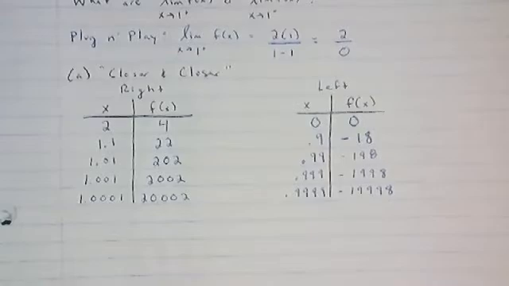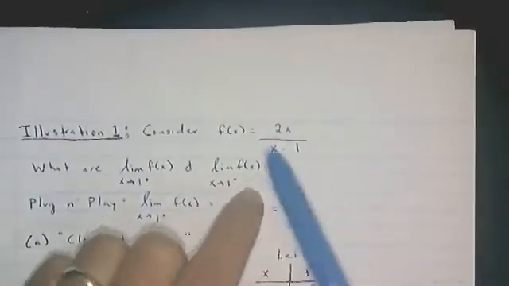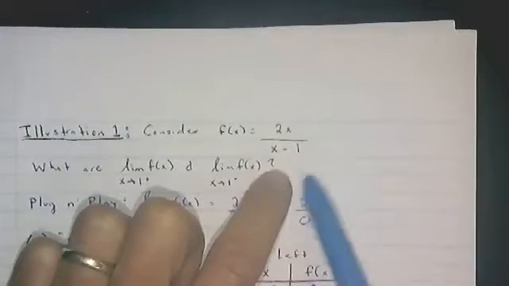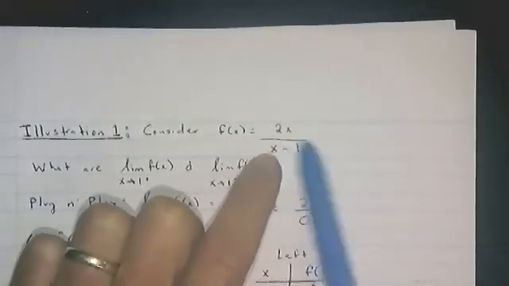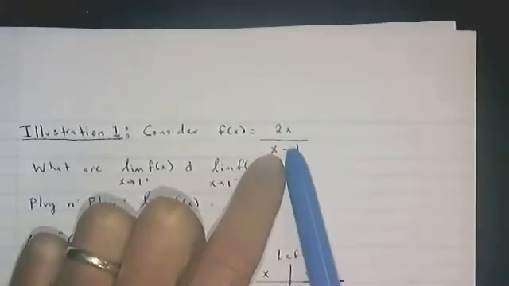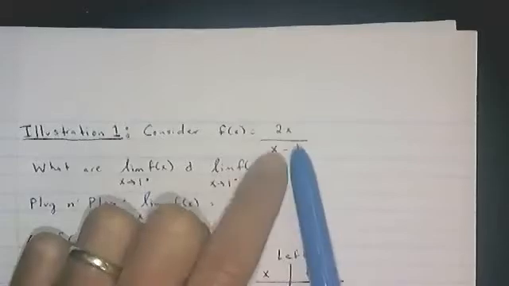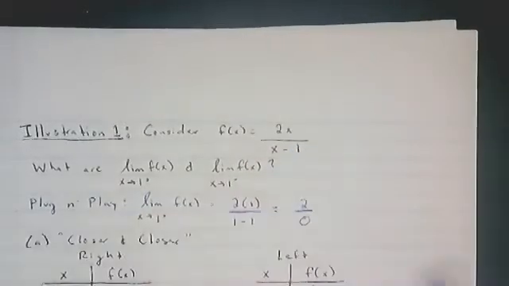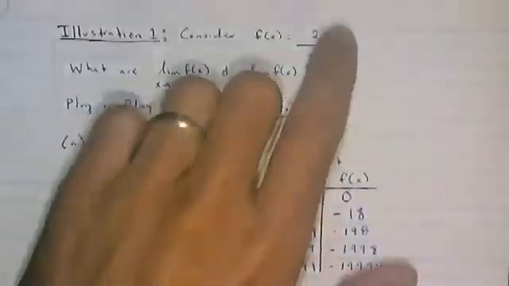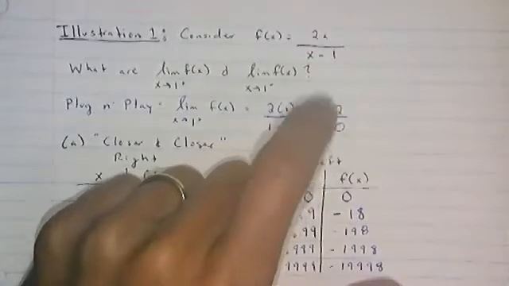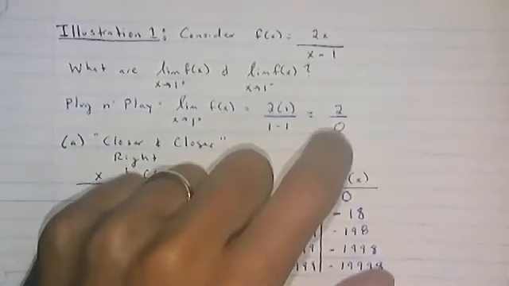Darn tootin'. So let's see if we can formalize this little arithmetic that we just verbalized about the nature of this approach to 0, because that's going to be the determining factor in all these problems. What kind of numbers on top? What kind of 0 is on bottom?